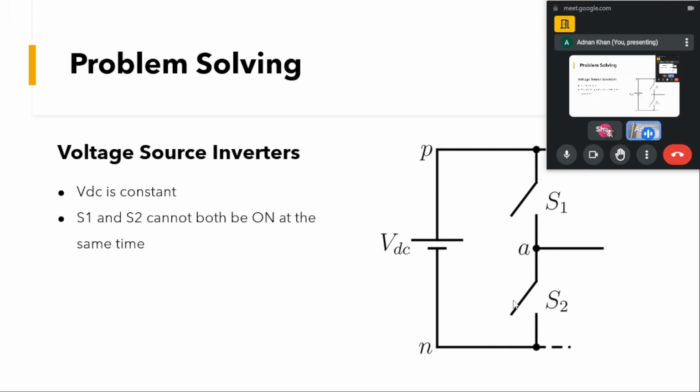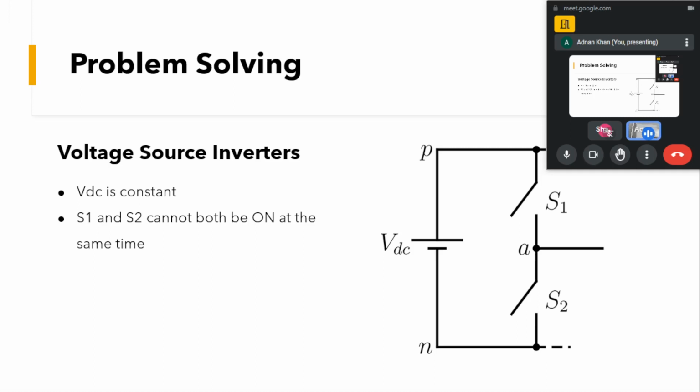This is sort of a half bridge. So we have a constant DC voltage, that means this input is constant, and we have two switches, S1 and S2, and we cannot turn on both switches simultaneously, because we would be shorting the source.